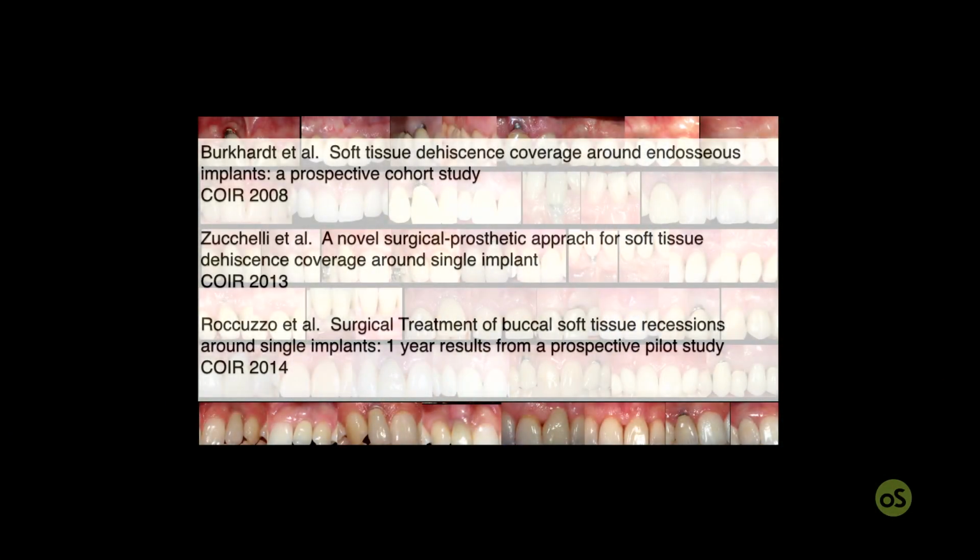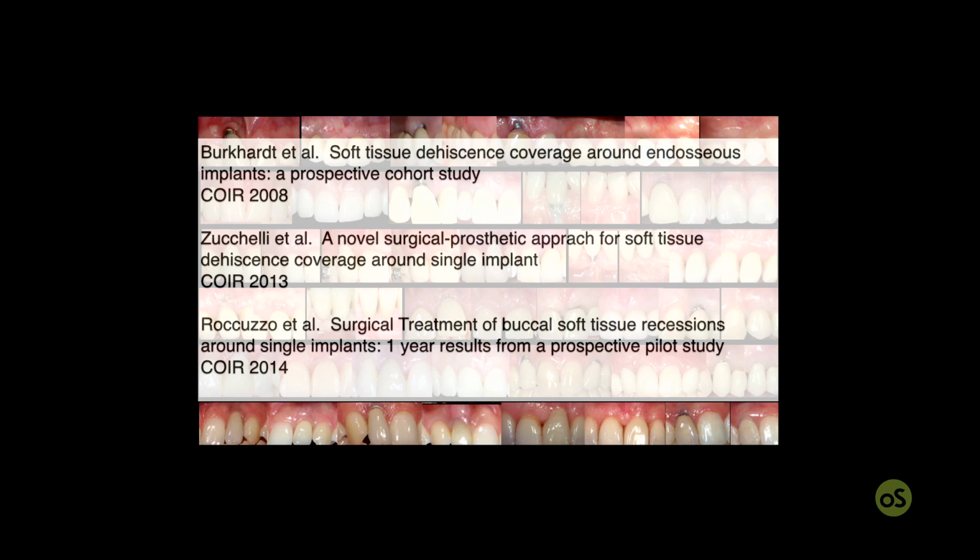Let's say that the first publication in this field is not so old. As you can see, it was in 2008, in which a study was made to cover this soft tissue dehiscence with a surgical technique, the bilaminar technique, so a connective tissue graft plus a coronally advanced flap.